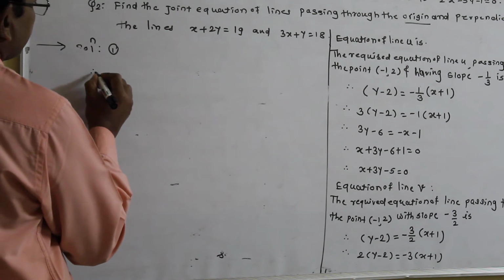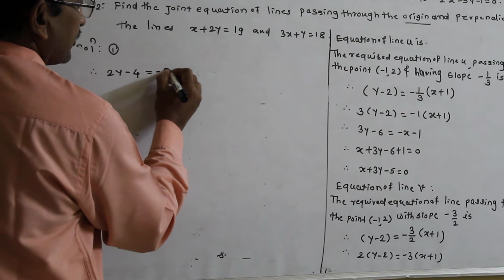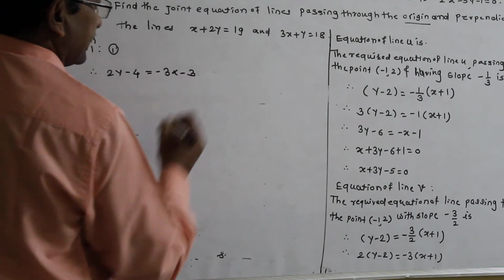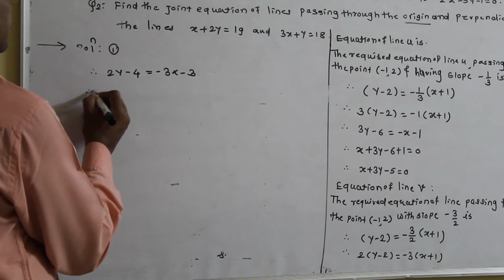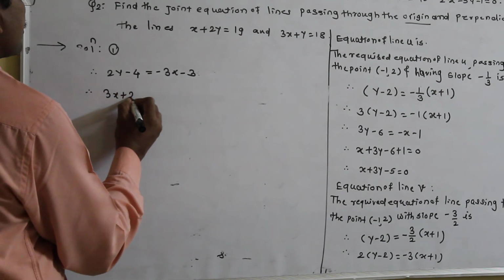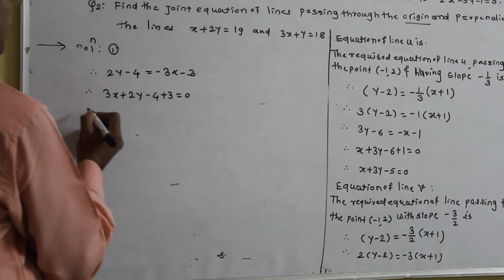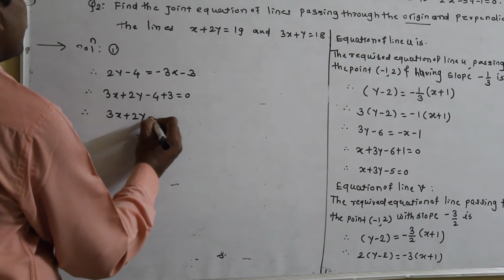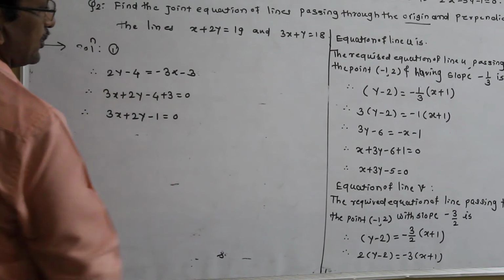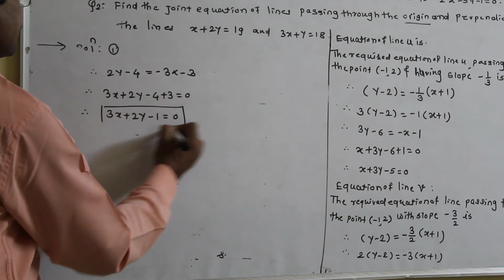So therefore 2y minus 4 is equal to minus 3x minus 3. Then it is 3x plus 2y minus 4 plus 3 is equal to 0. So therefore 3x plus 2y minus 1 is equal to 0. So these are the two equations of lines.